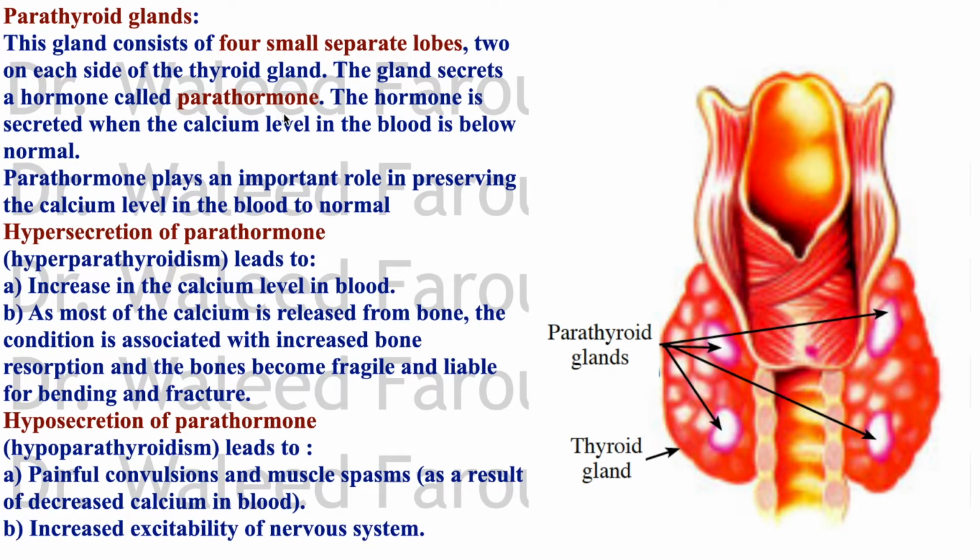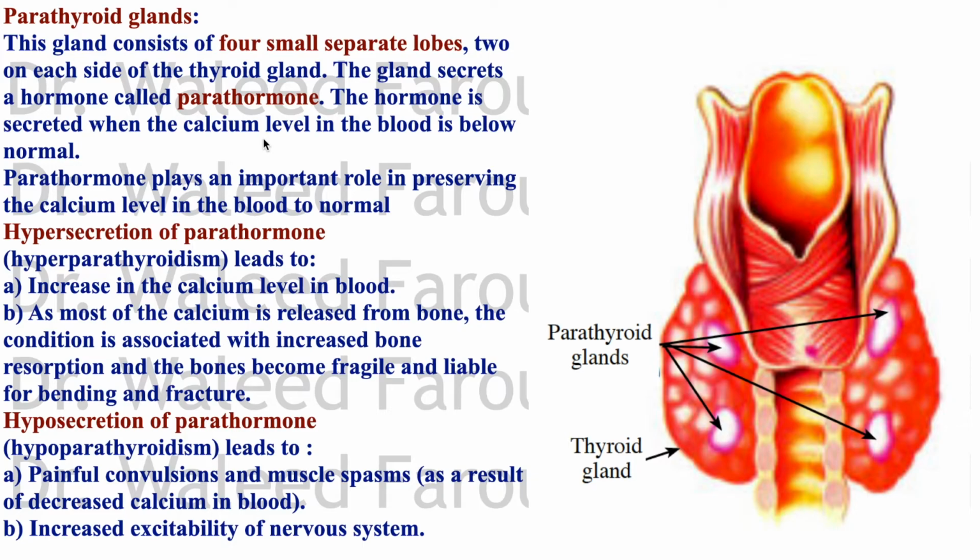Parathormone hormone is secreted when the calcium level in the blood is below normal. So it increases the calcium level in blood. So it opposes calcitonin على عكس الكالسيتونين.